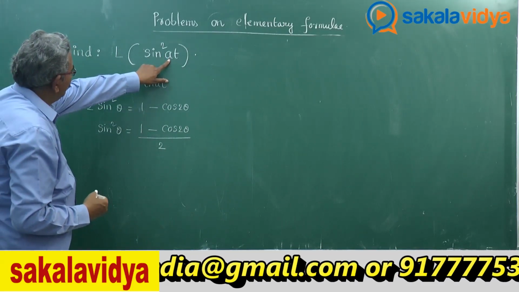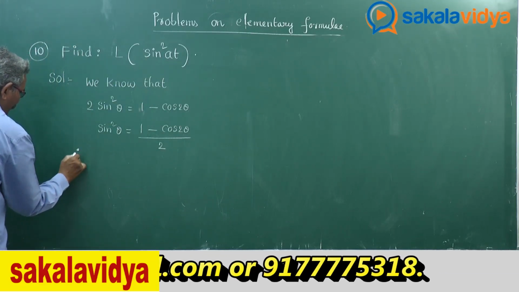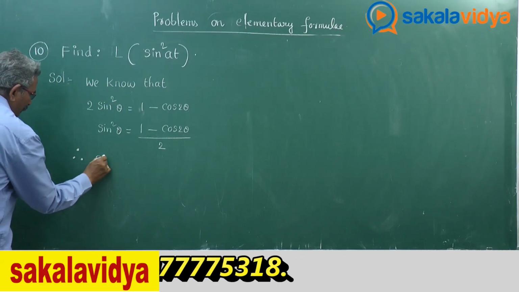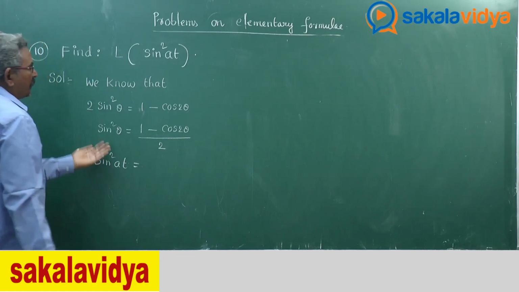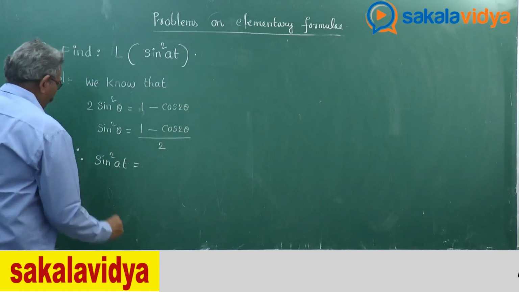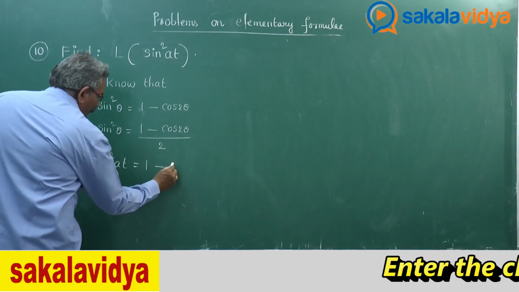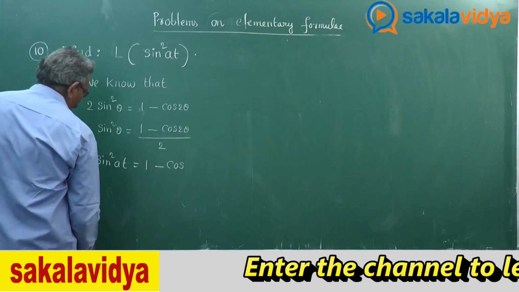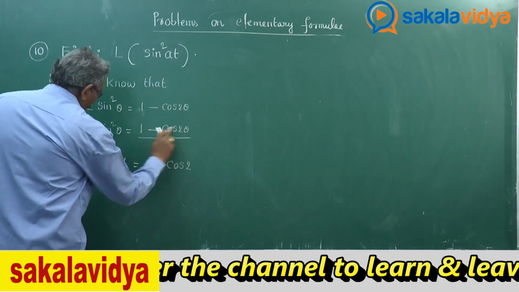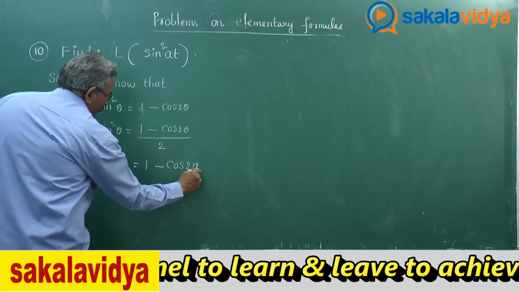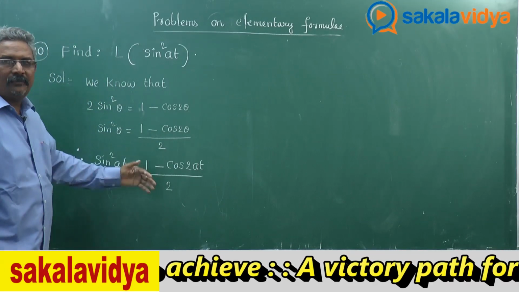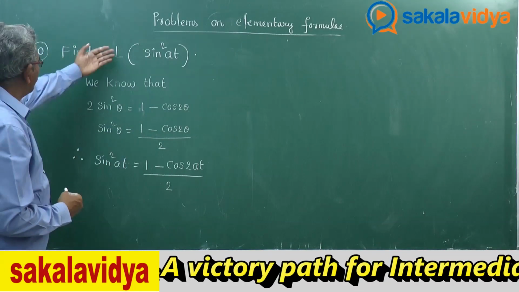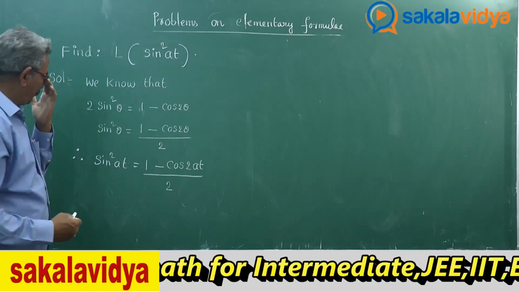In the place of theta we have at. Therefore we can write sin square at in terms of the cos function as 1 minus cos 2at by 2, because theta is at here. Now we can easily find the Laplace transform of the given function.